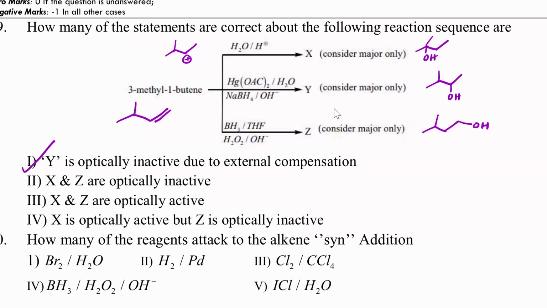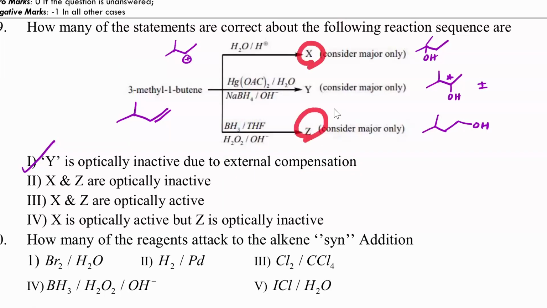That is true because here we will have a star, that means it will be a chiral center, but 50-50% chances are there. So 50-50% means it will become a racemic mixture. So this will be plus and minus. So racemic mixture is inactive due to external compensation. Keep that in mind. While meso is inactive because of internal compensation.